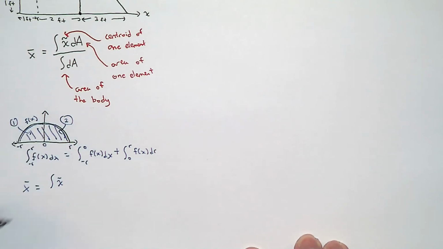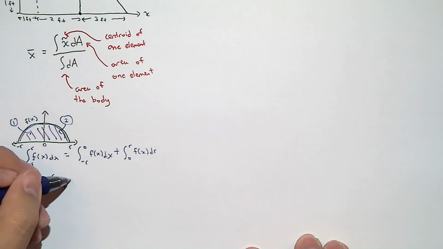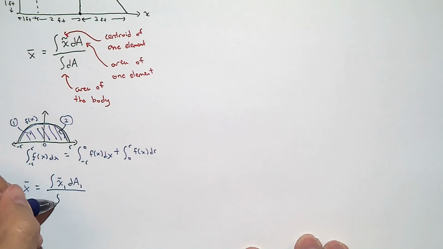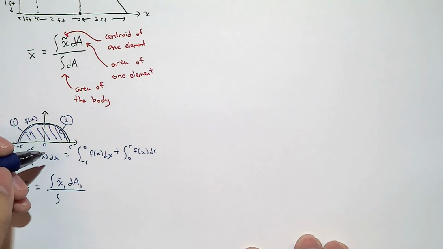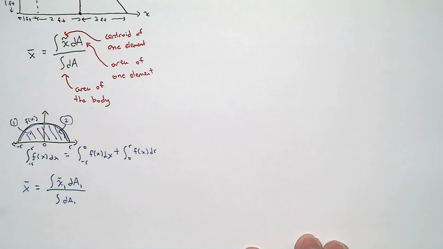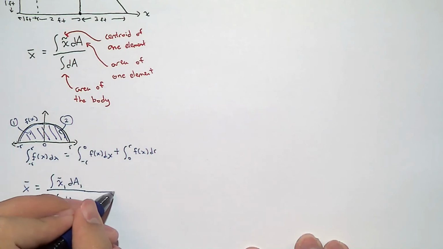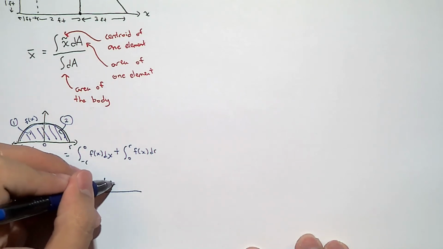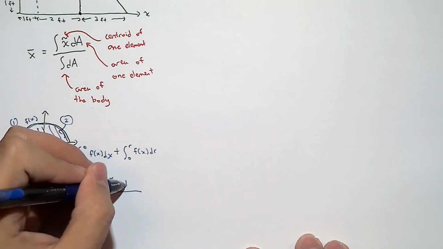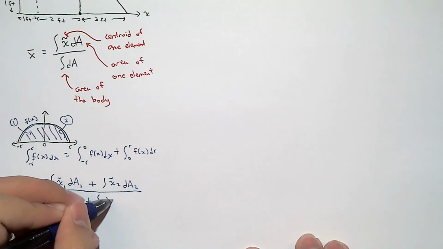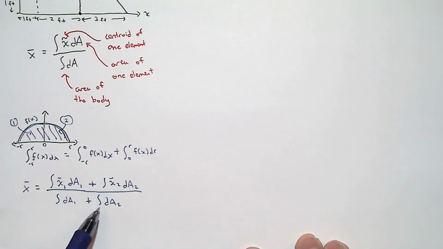So I say that the centroid can be found by integrating x squiggly 1 over this first area, then dividing it over the integral of dA1. However, because I split it up into 2 curves, I can add the integral of x squiggly for area number 2, and then the integral of area number 2.